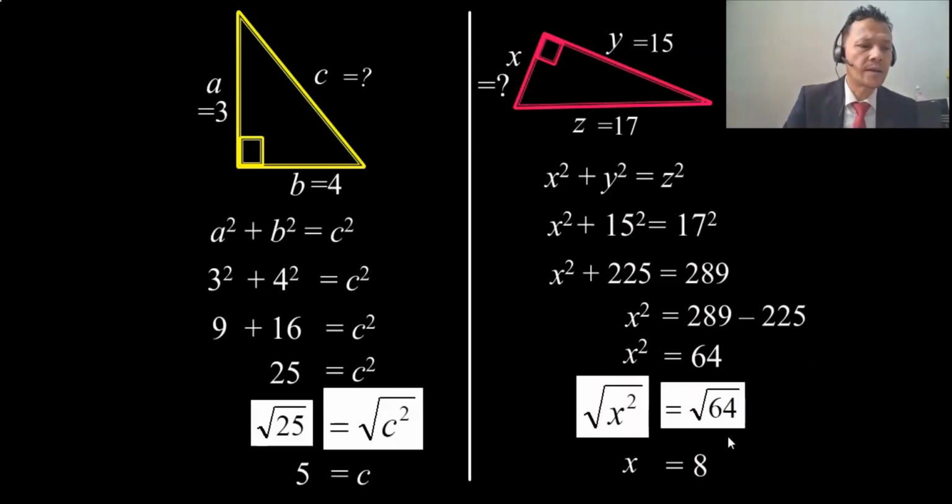Now in these two examples, the answers have been exact. Here we have 3, 4, and C we found as 5. Here we have 15, 17, and x is 8. These sets of numbers are called Pythagoras triples, 3, 4, 5, 8, 15, 17, and so on.